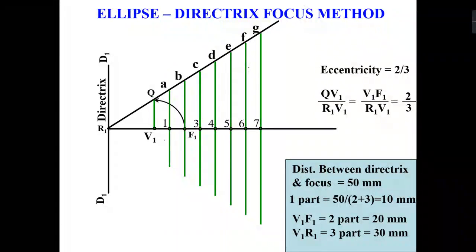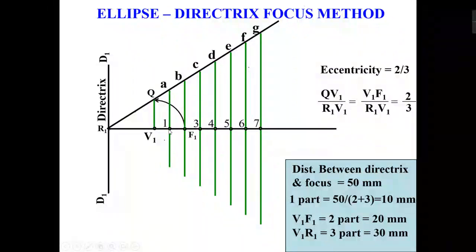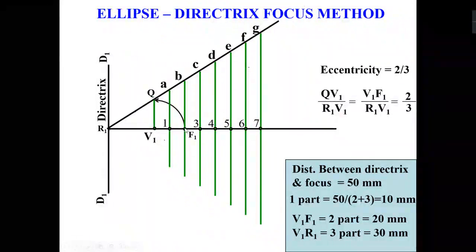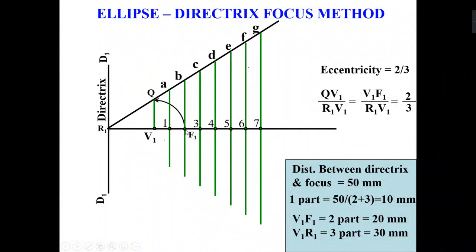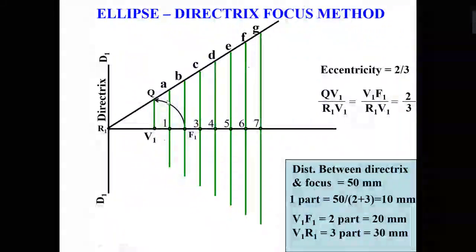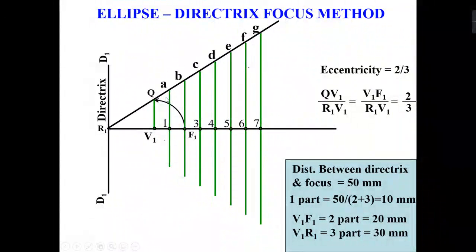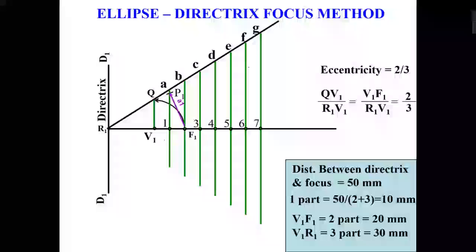After drawing the vertical lines, I will take an arc length of A1, this is your first point. I will put the rounder on F1 and cut an arc on the line A1. So you will get your first point P1 on the ellipse.